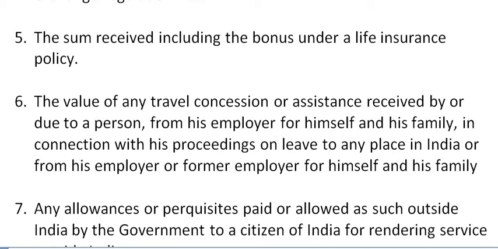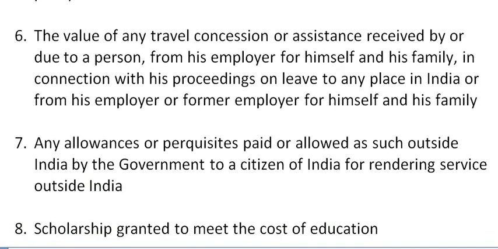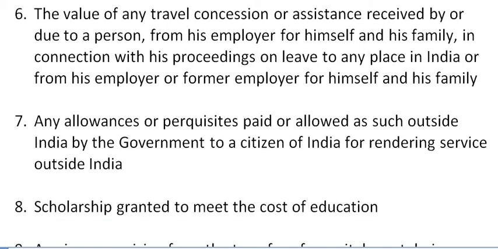The sum received including the bonus under a life insurance policy. Then the value of any travel concession or assistance received by or due to a person from his employer for himself or his family in connection with his proceeding on leave to any place in India, or from his employer or former employer for himself and his family.